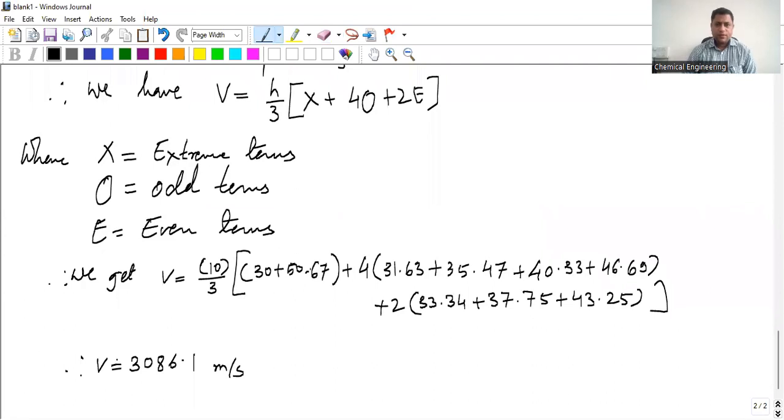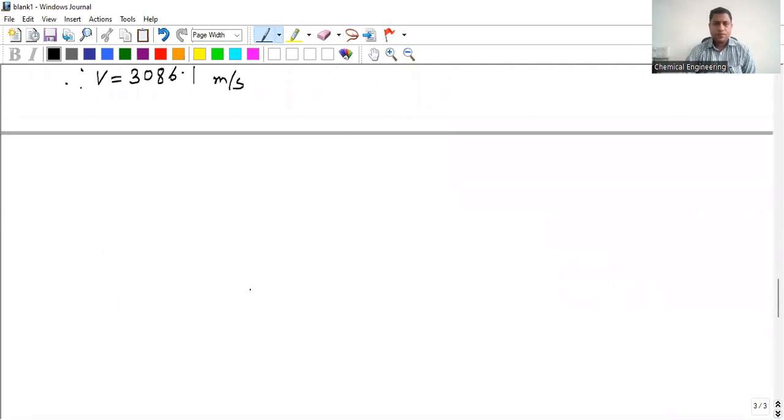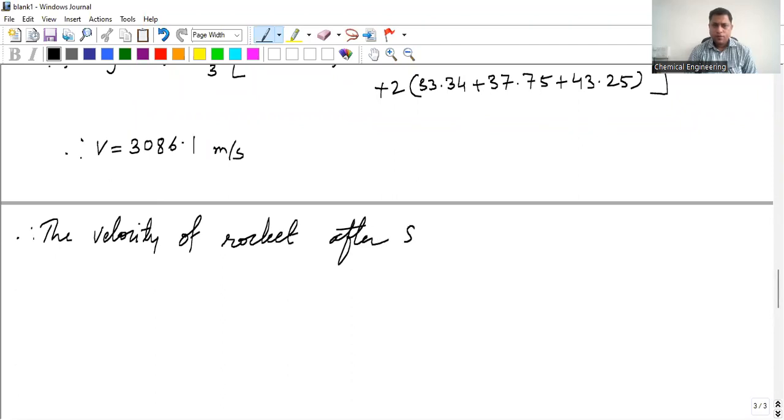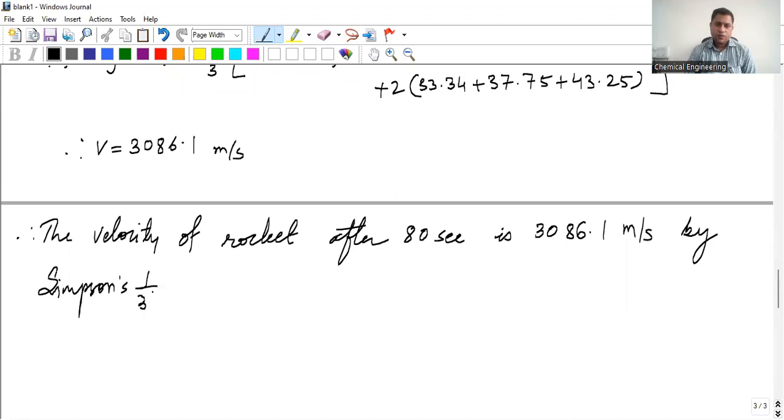So we can say, hence, the velocity after 80 seconds is 3086.1 meter per second by Simpson's 1/3.